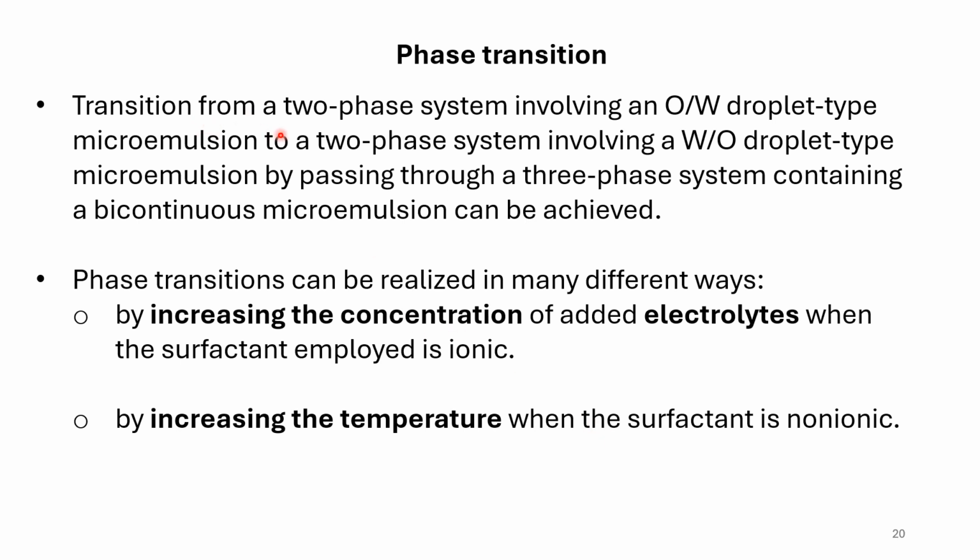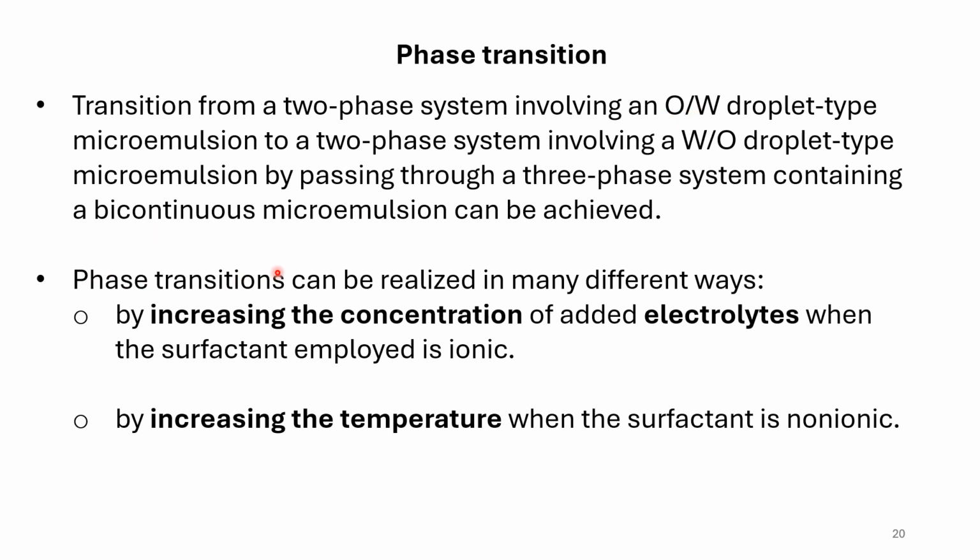So transition from a two-phase system involving an oil-in-water droplet type microemulsion to a two-phase system involving a water-in-oil droplet type means that if they want to reverse the phase, for the transition from oil-in-water microemulsions to water-in-oil microemulsions, it needs to pass through the three-phase system before they end at the water-in-oil microemulsion system from the oil-in-water microemulsion system.